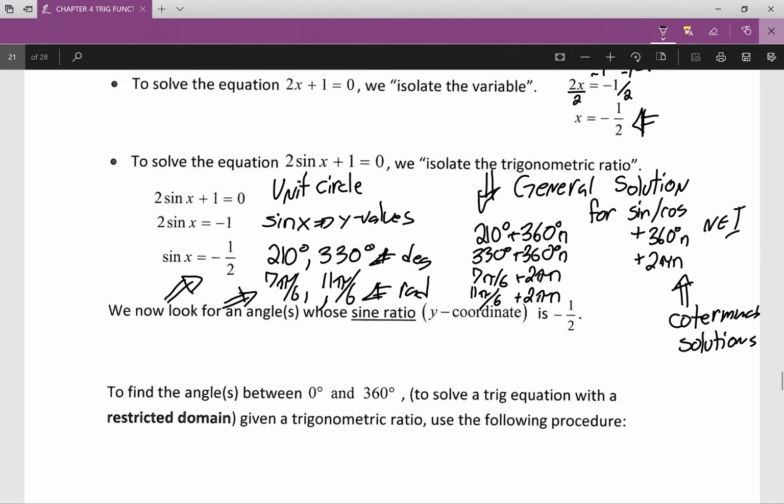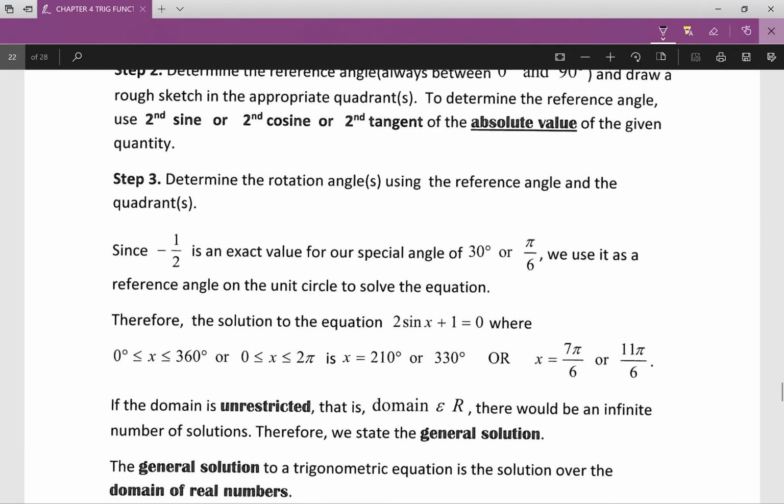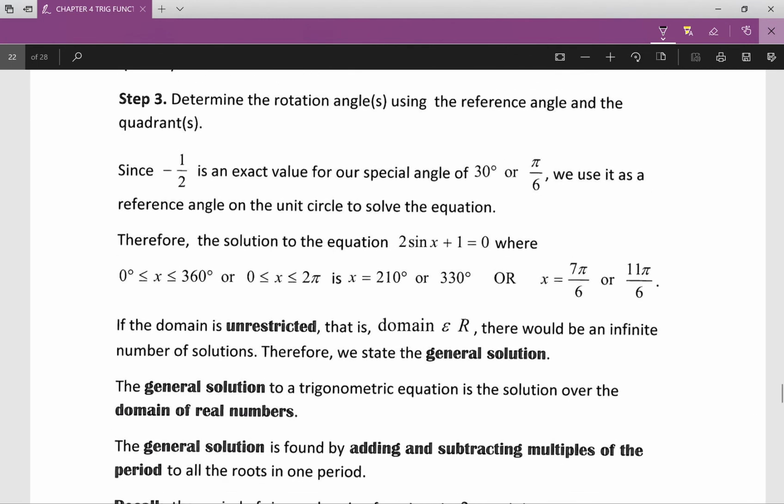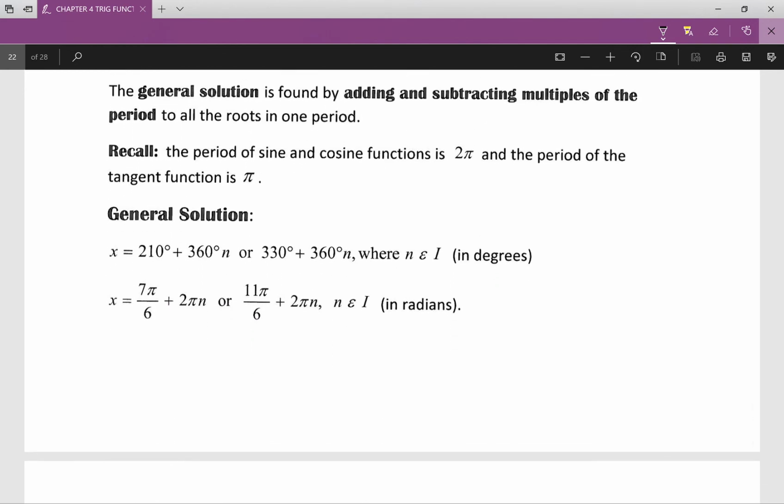If we scroll through the notes right here, I've actually talked about a lot of the things they're referring to, and anything that I haven't directly talked about, I will get to later on in the notes. There is one thing that I do want to bring up though. For sine and cosine, it's 2 pi or 360 degrees. If you're using tangent, it's going to be pi, or rather 180 degrees, for when you're stating the general solutions. This is because of something called period that we'll talk about in the next unit.